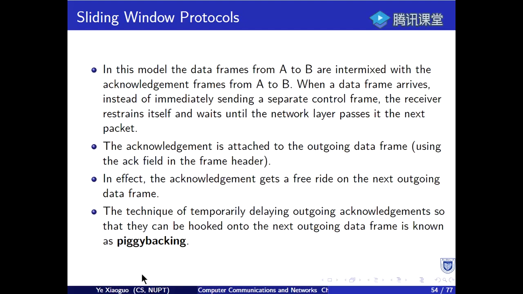The acknowledgement is attached to the outgoing data frame using the ACK field in the frame header. In fact, the acknowledgement gets a free ride on the next outgoing data frame. The technique for temporarily delaying outgoing acknowledgements so that they can be hooked onto the next outgoing data frame is known as piggybacking.